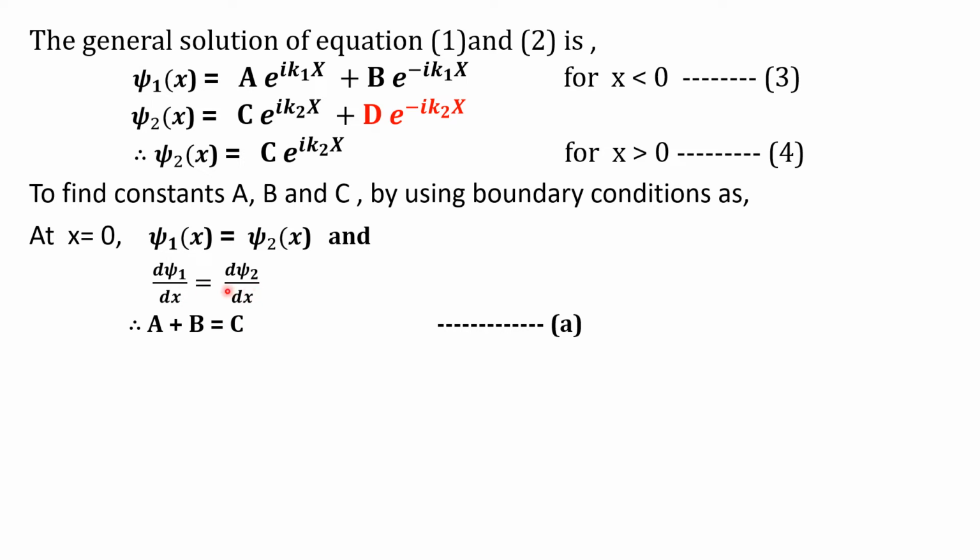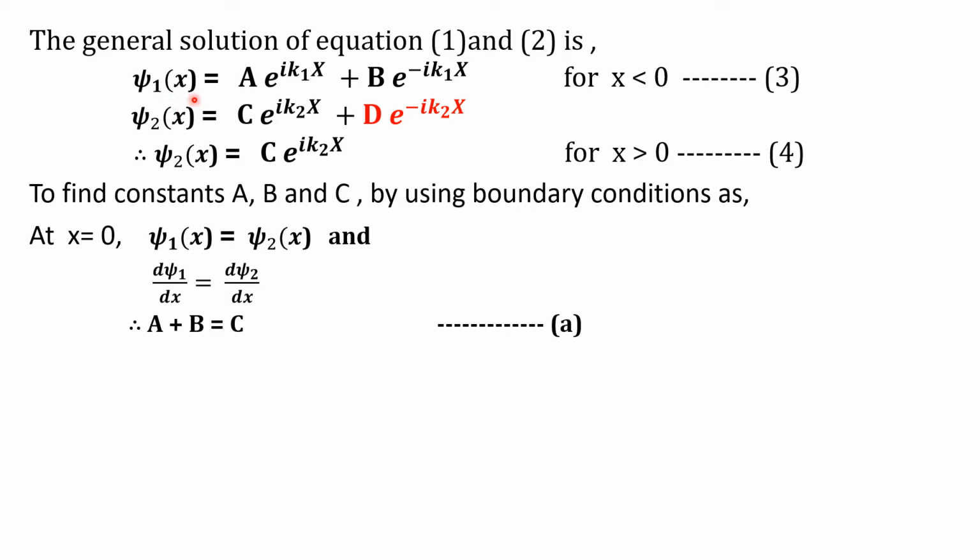For the second condition, d psi 1 by dx equal to d psi 2 by dx at x equal to 0, we find it here. Initially we differentiate the psi 1 term with respect to x and then put x equal to 0. Similarly, we differentiate psi 2(x) with respect to x and put x equal to 0.